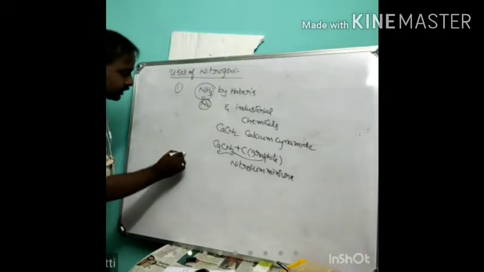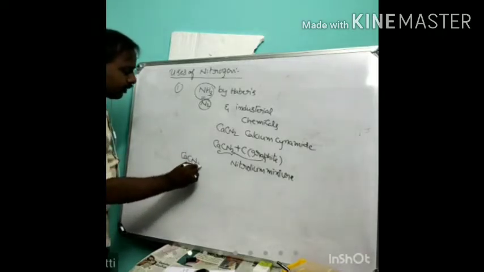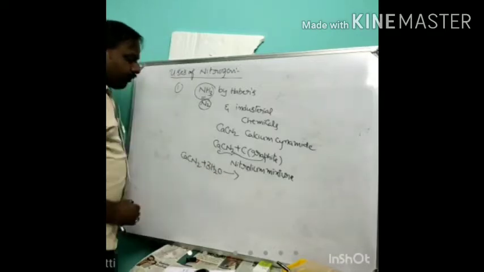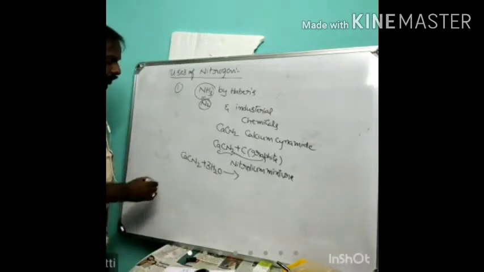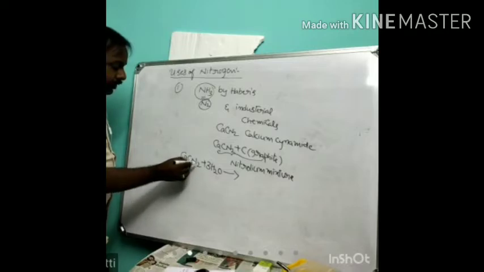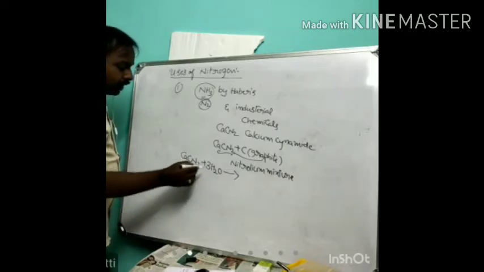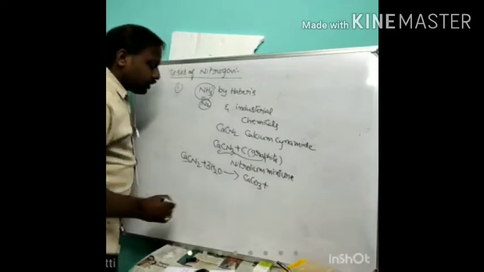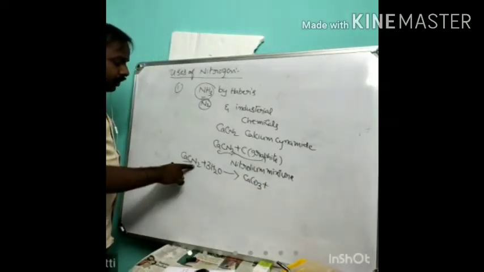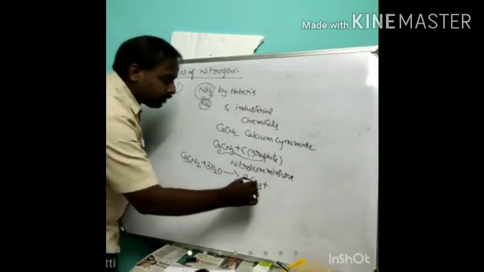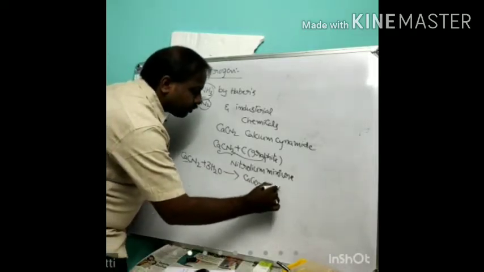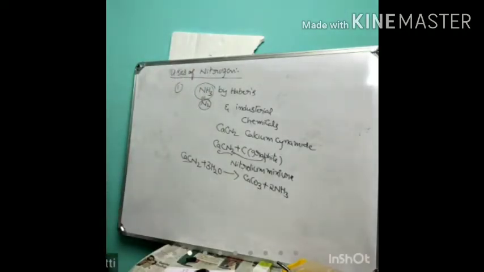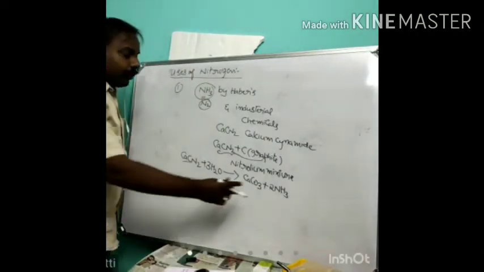And when this calcium cyanamide is subjected to hydrolysis, it is converted to CaCO3 along with 2 nitrogens and 6 hydrogens, that is, 2 moles of ammonia.